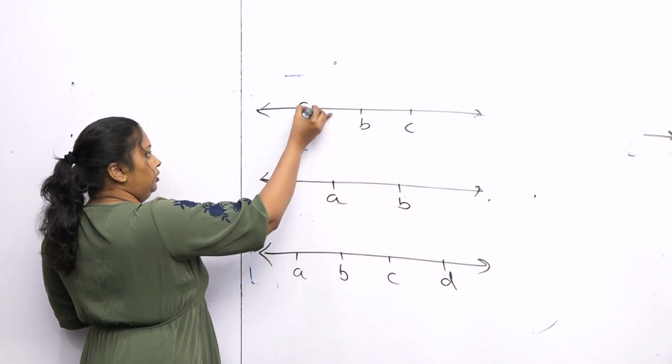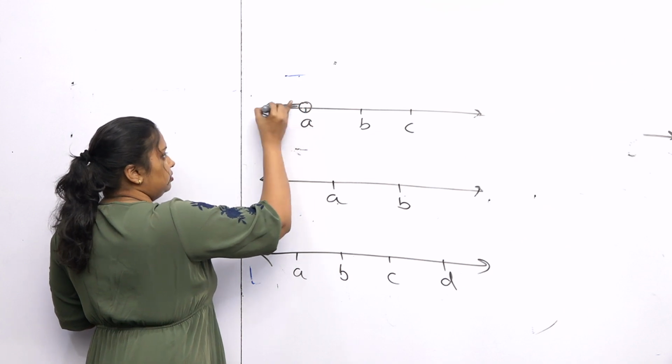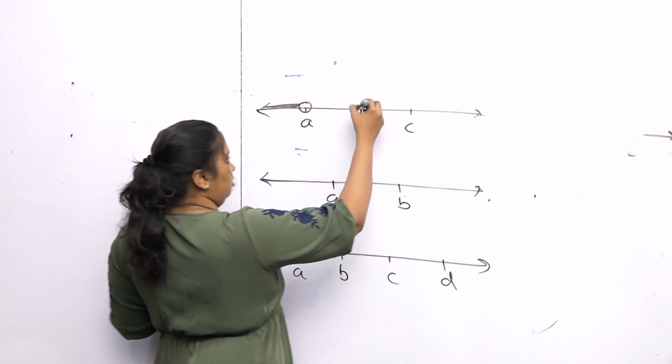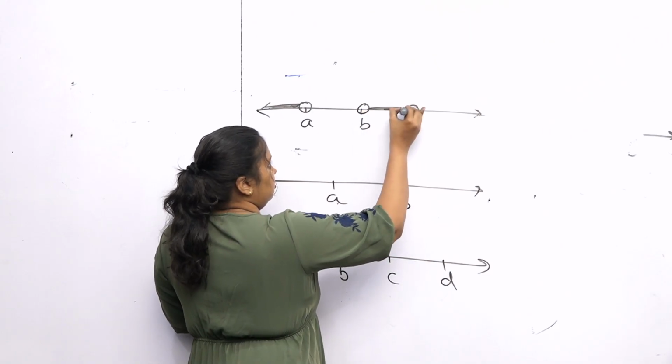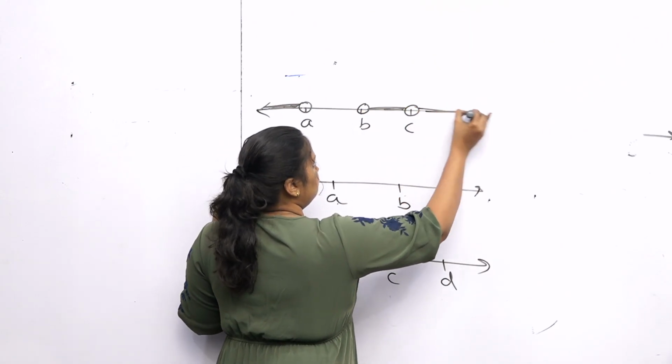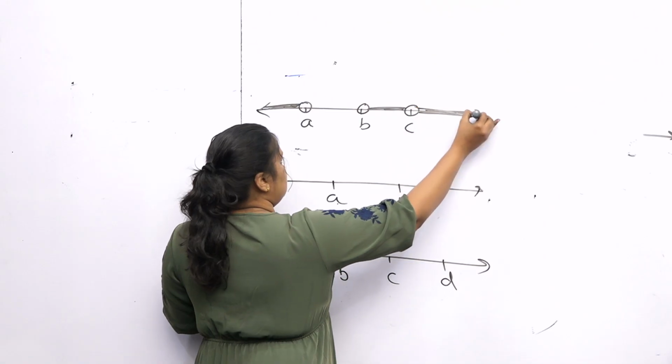Okay, you have to write down the shaded regions now. You have to write using intervals about these shaded regions.